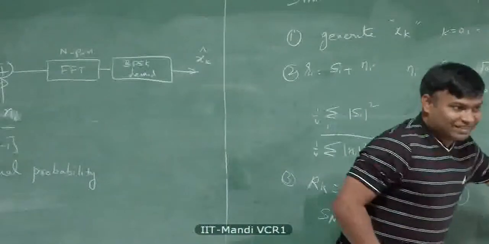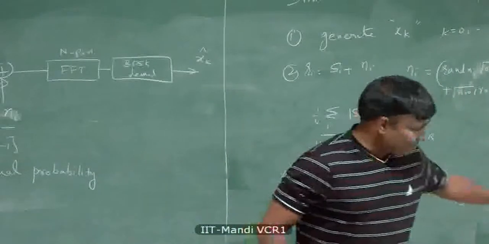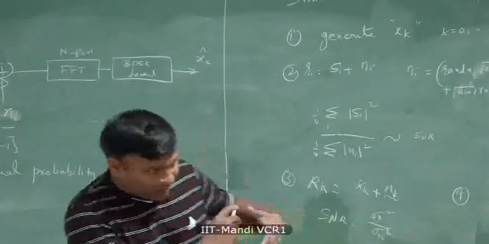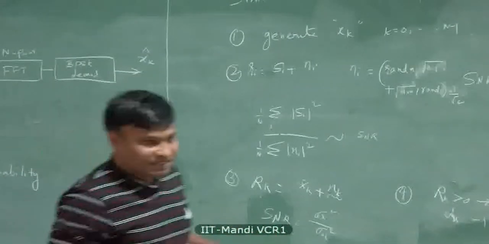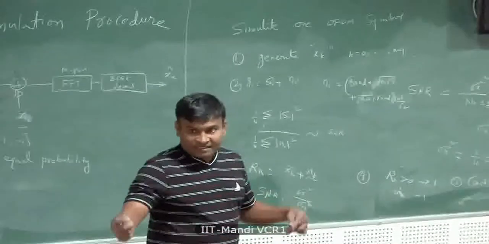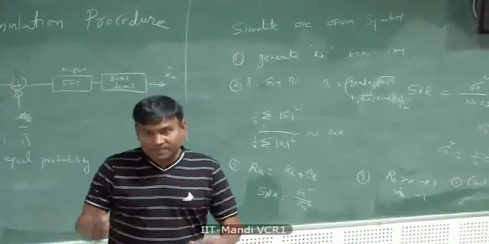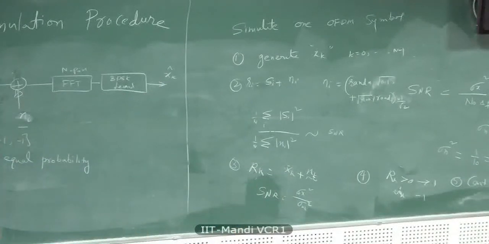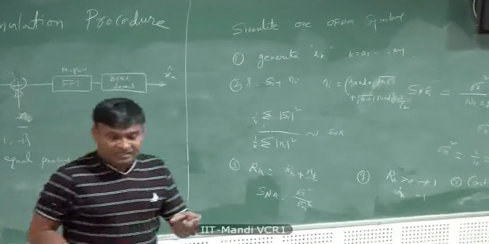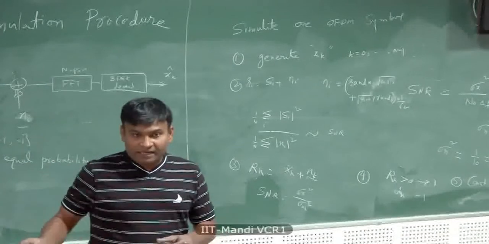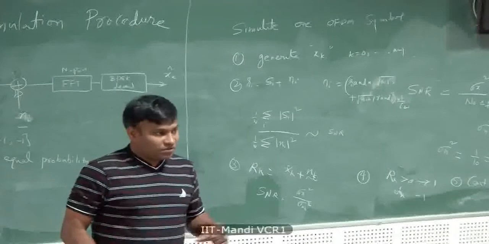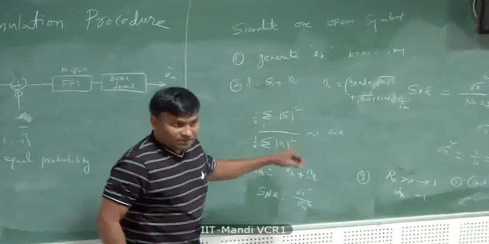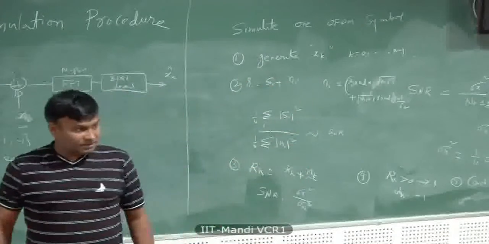Don't average the bit error rate ratios. Accumulate the errors in so many trials, divide by the total number of bits transmitted in all those trials, then you will get an estimate of the probability of error. Of course, up to 10 raised to minus 3, you will get a good estimate. If you want 10 raised to minus 6, then you have to perform this simulation a large number of times.